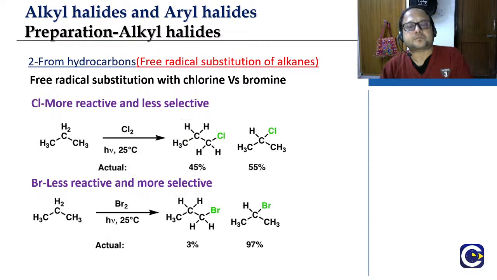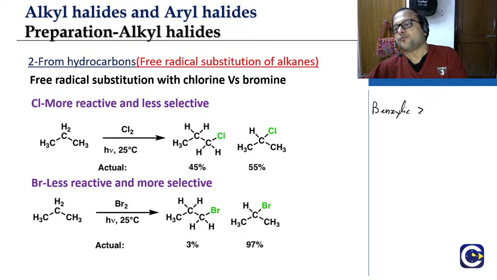Okay, so we had been talking about substitutions mainly by chlorine or bromine, free radical substitution mainly by chlorine or bromine. The output is always the same, that in case of free radical substitution, it is always benzylic followed by allylic.